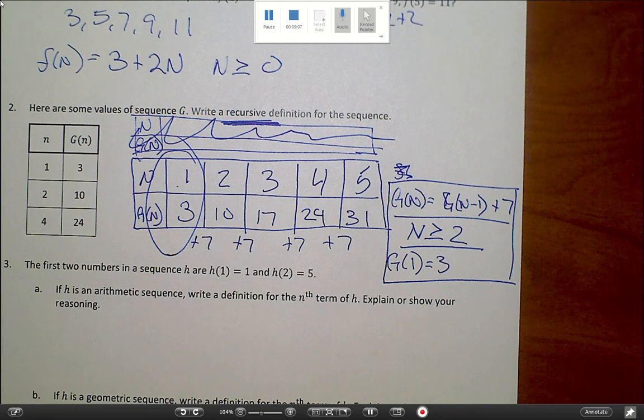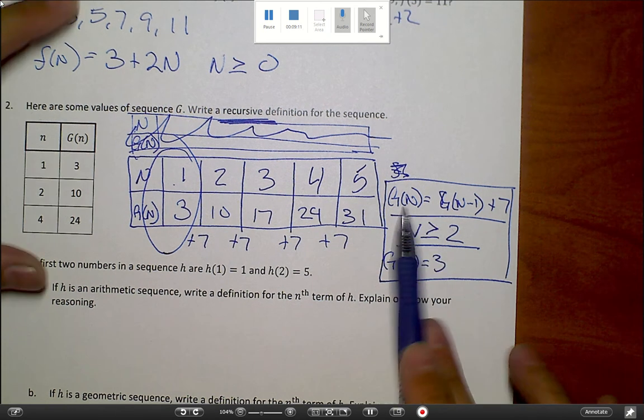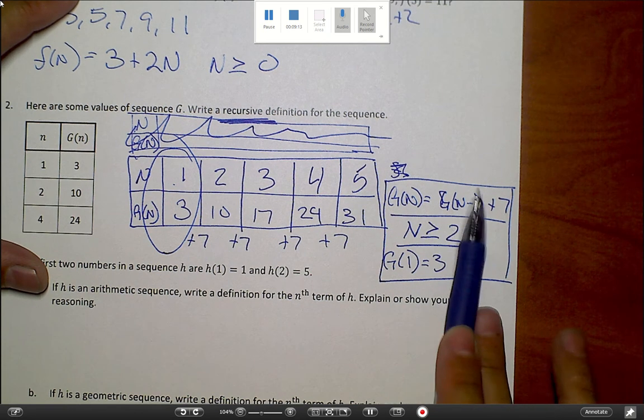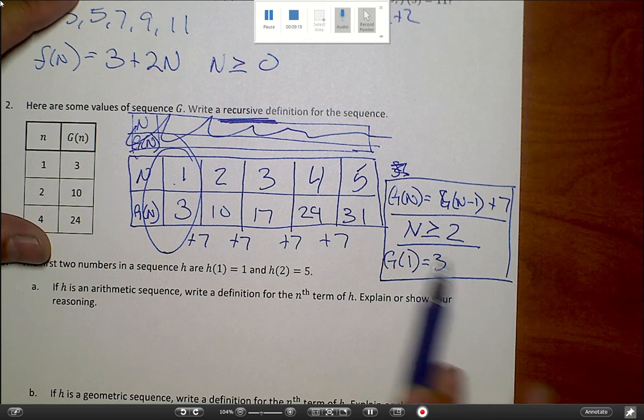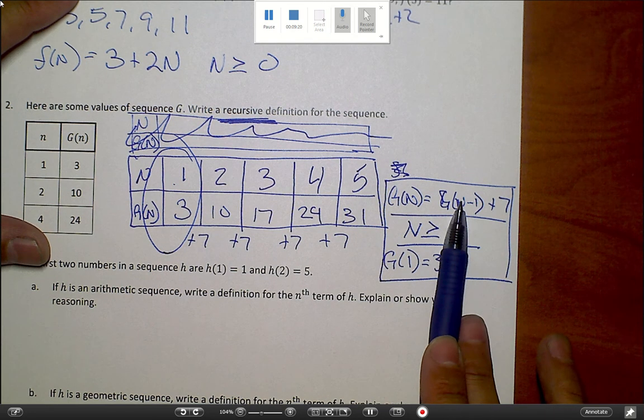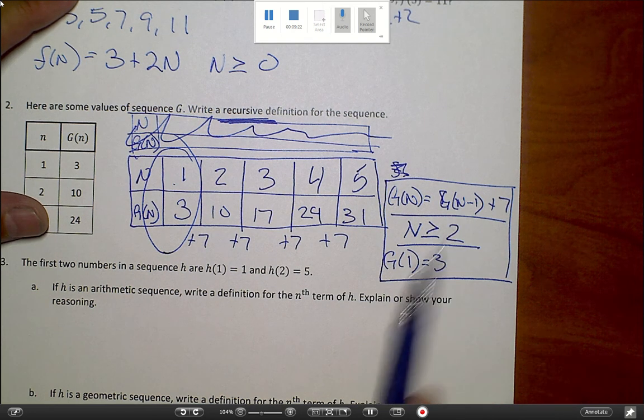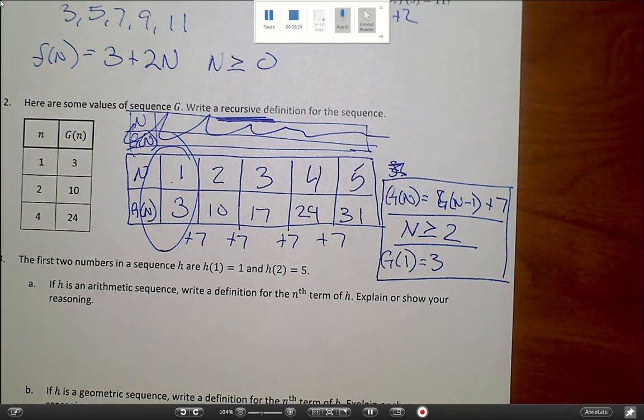I have to define n. I need to show my recursive of the n minus 1. And I have to state my initial term, because if I have something that says previous term, I have to know where I start from. And that's necessary for this.